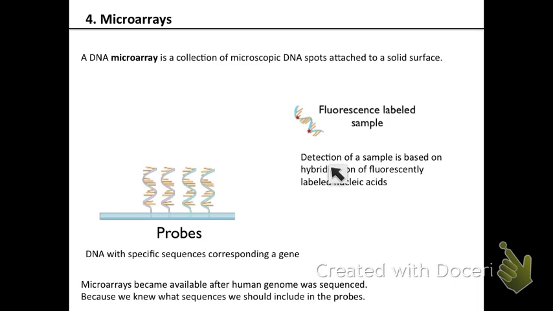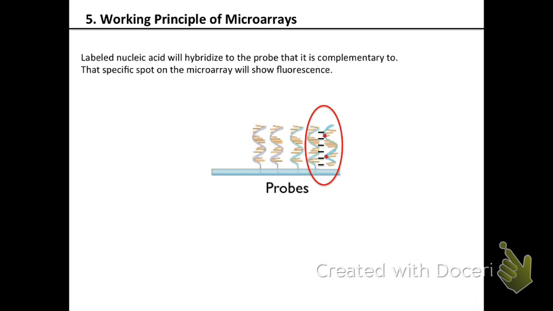So the detection of the sample is based on hybridization of the fluorescently labeled nucleic acid. So if your labeled nucleic acid hybridized to its complementary probe here, then you're going to see that fluorescence at that particular spot in the glass slide, and you're not going to see any signal from another spot. Does that make sense? All right.